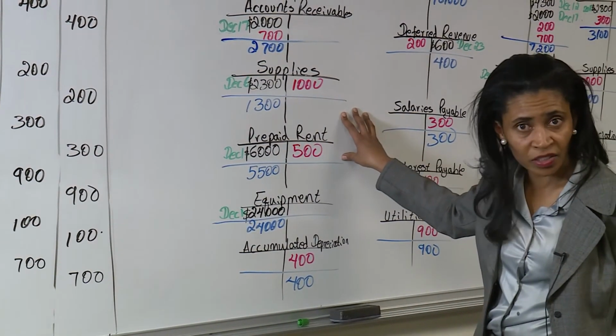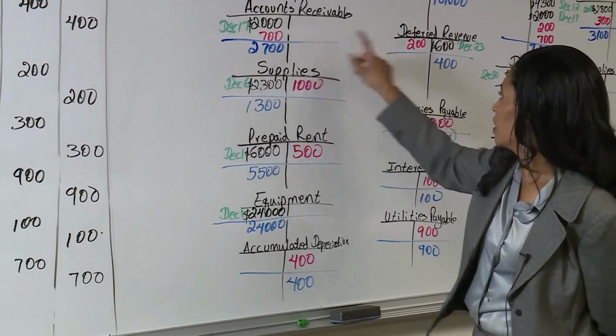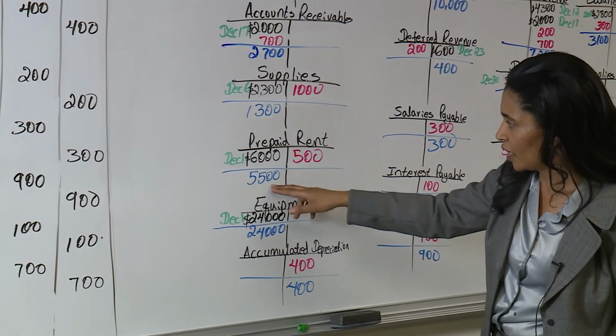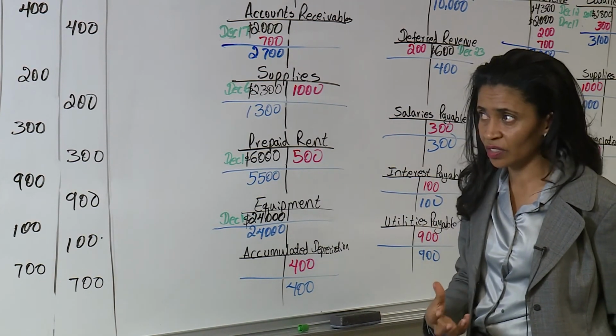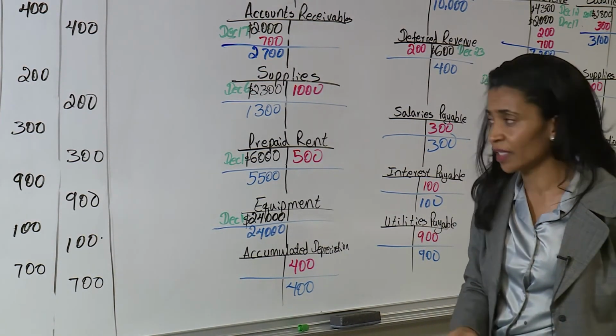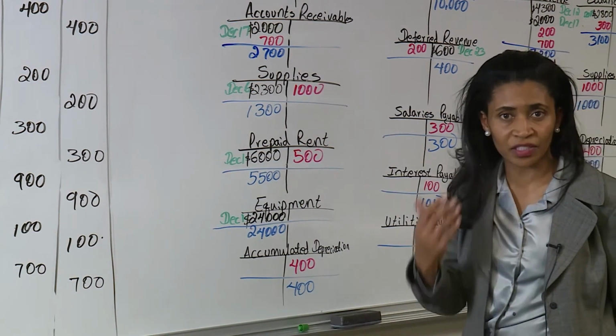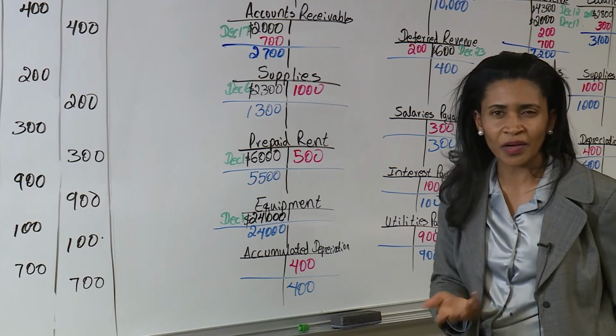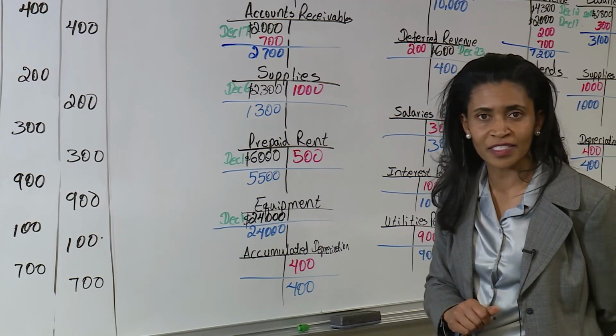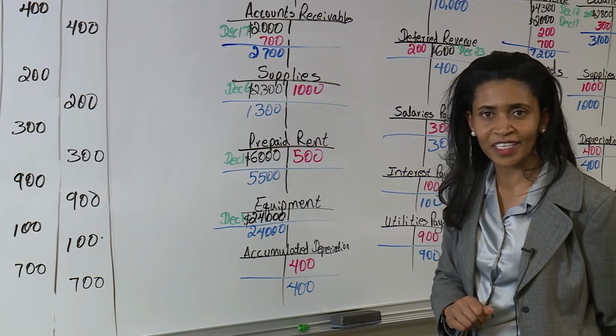We post the adjusting entries. These red ones are our adjusting entries. Now the blue ones are our adjusted balance. So what do I do with the adjusted balance? I prepare the adjusted trial balance using those balances. And we'll see how to prepare the adjusted trial balance next time. And I'll see you next time.